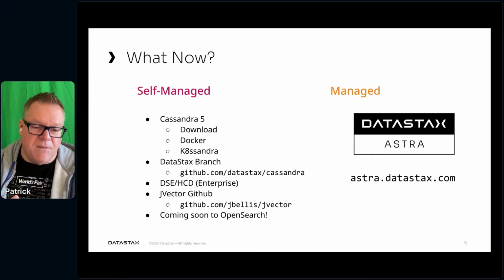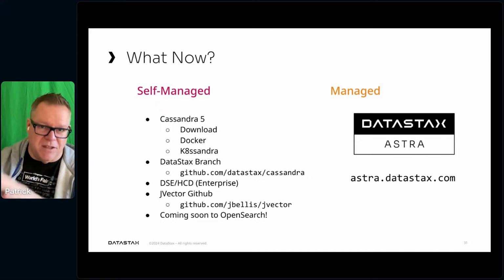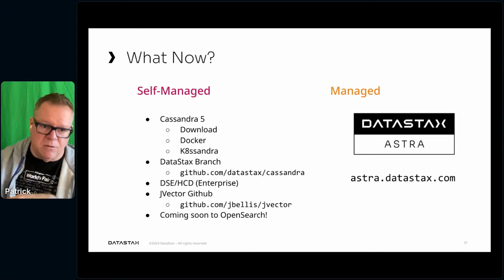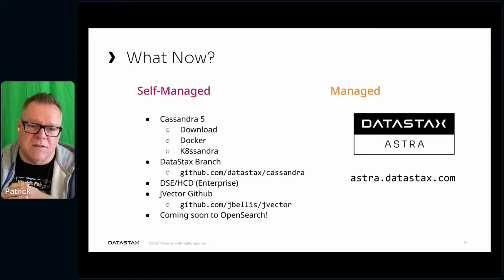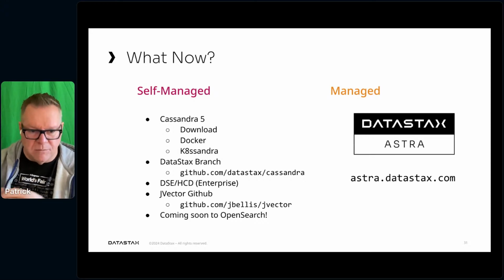And then finally, if you want a supported version, Astra is a great choice, but that's a cloud service. Our DataStax Enterprise and the Hyper-Converged Database, HCD, which runs in Kubernetes, also have that latest branch of Cassandra in there. So you have choices, and how you want to run it is up to you.